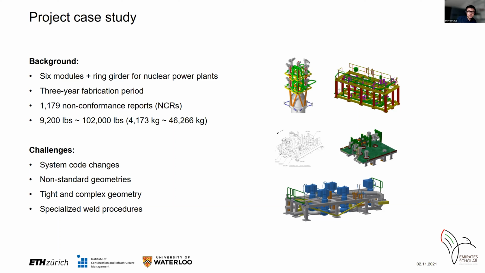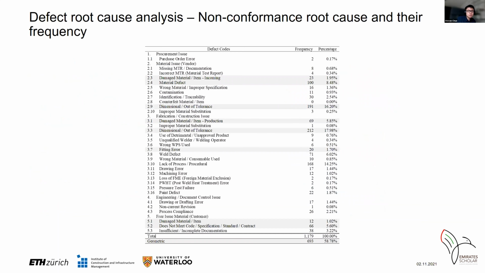Given the design complexity of each module and the need to adhere to nuclear operational and safety requirements, they also have several challenges throughout the project, including the management of the high number of system code changes, ensuring the quality requirements of each system are met, or modular frame construction with mega beam and non-standard truss geometries, assembly, welding, and inspections of frames, spools, and supports in a tight and complex geometry, or welding of high-strength steel requiring specialized weld procedures and regimented pre-heat and post-weld heating cycles.